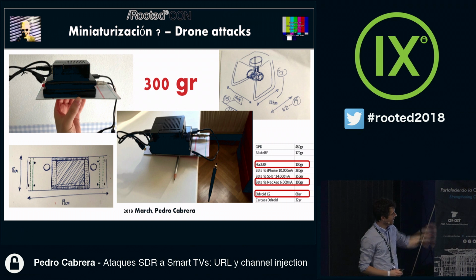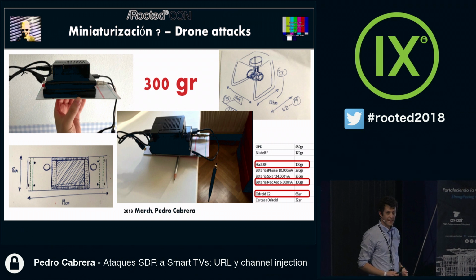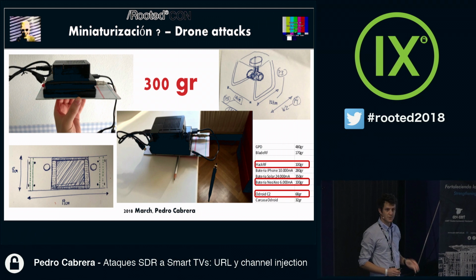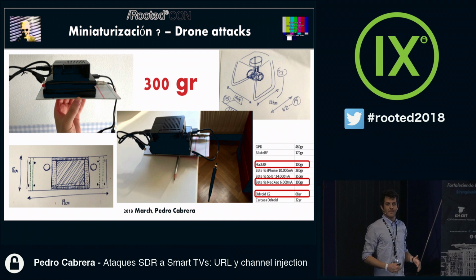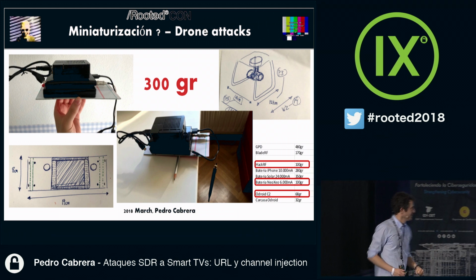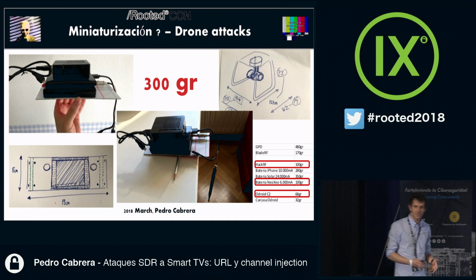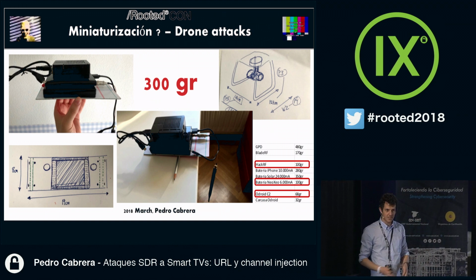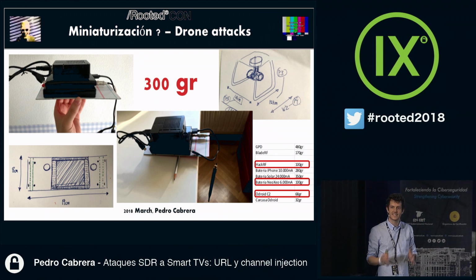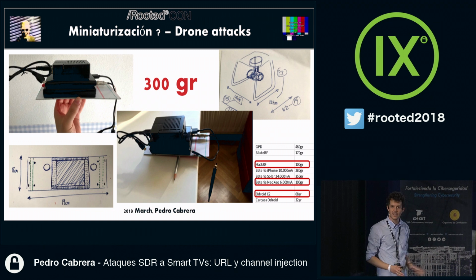Well, there are many hours of calculations. The hacker was 100 grams, the battery was 100 grams, and the Droid C2 was 62 grams. And with the cover, it was 300. Center of gravity, because if you're going to take this into the drone, you cannot destabilize the drone. You cannot do these things offhandedly.